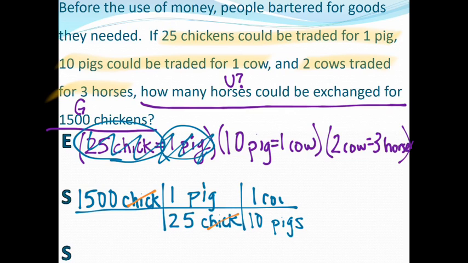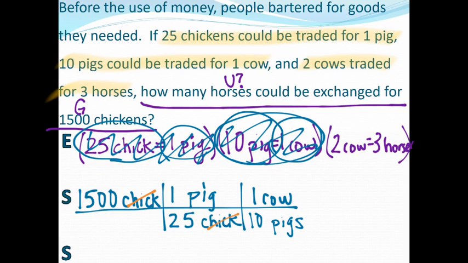Just remember to keep that whole equation together. If 10 pigs is on the bottom, that 1 cow is on the top. So now we've used another equation as a conversion factor, and now that's converted the chickens into pigs and now into cows, but we don't have what we want.